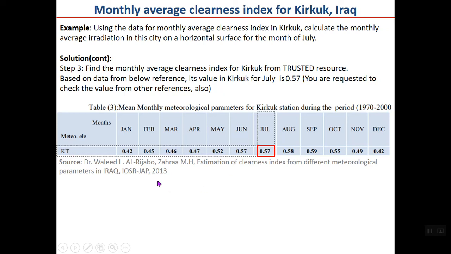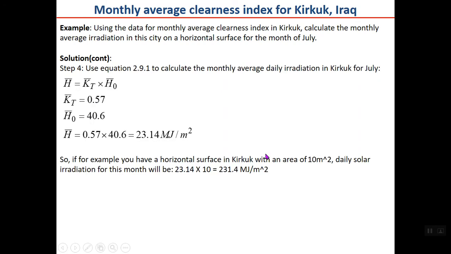The table shows more parameters, but I just put here part of the paper table. And you can see here that for July, KT value for Kirkuk is 0.57.